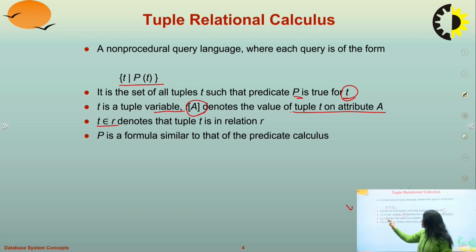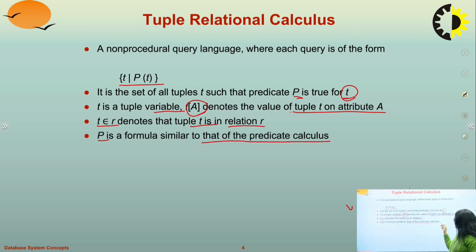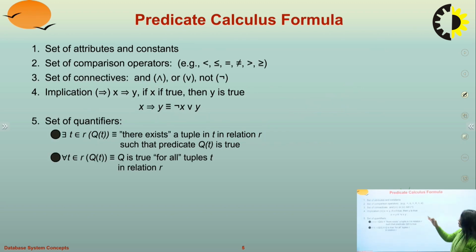So T belongs to R denotes that tuple T is in the relation R. P is the predicate, nothing but a formula similar to the predicate calculus, right? These are the formats regarding the tuple relational calculus, right?